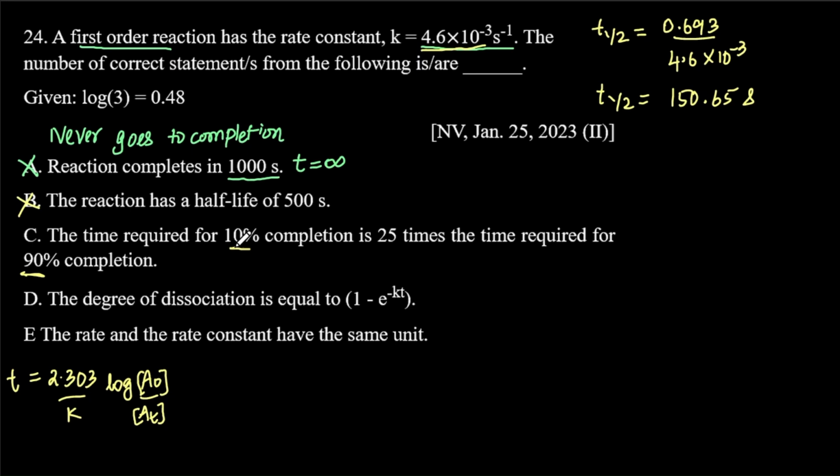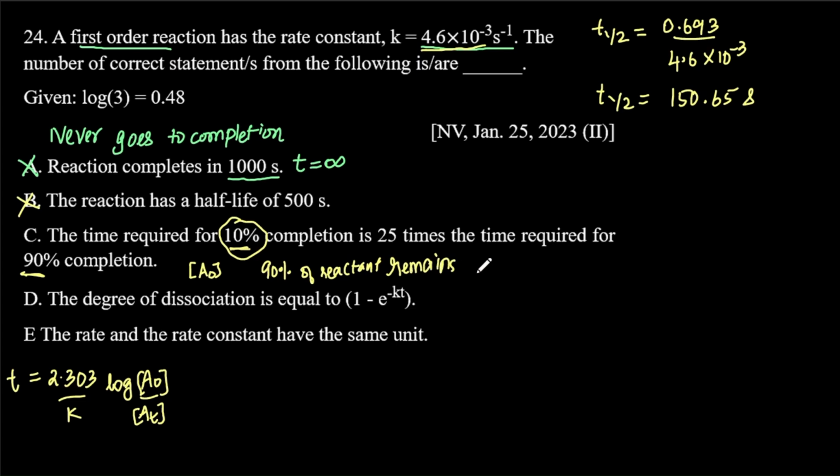Now they are telling 10% completion. 10% completion means, the initial concentration of the reactant is A naught, and after 10% completion, 90% of the reactant is still present. 90% of the reactant remains in the reaction.